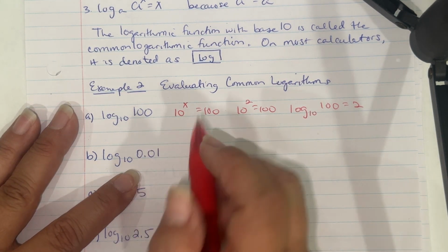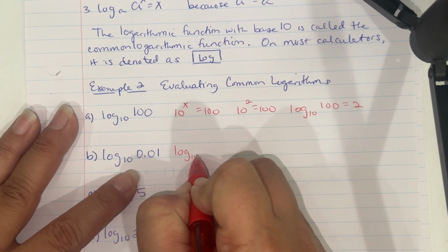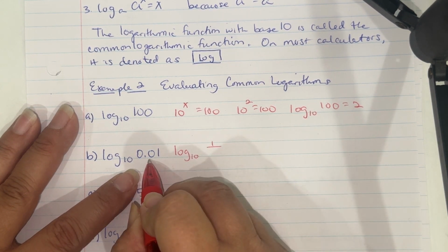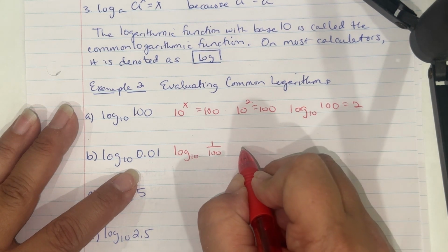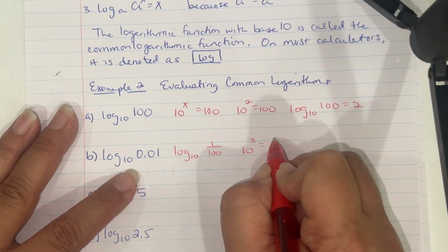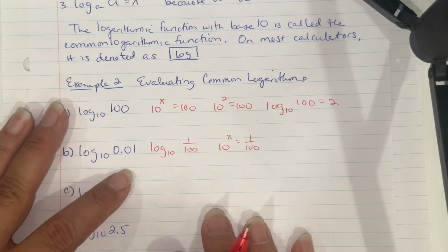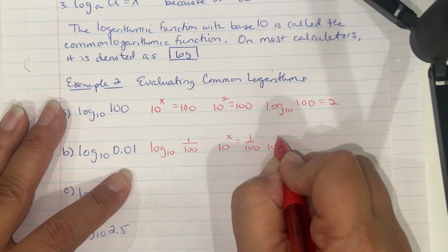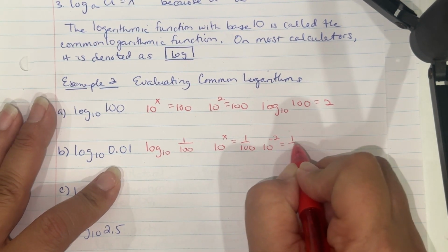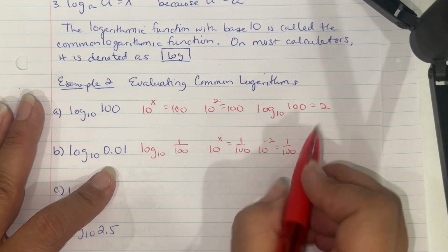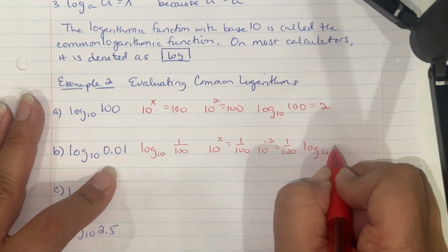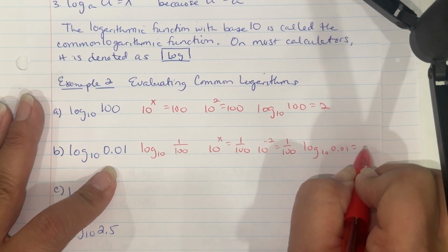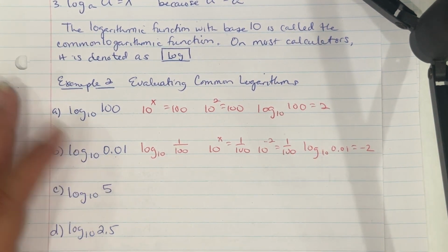First thing I'm going to do is rewrite this as log base 10 of 1 over 100, this is the hundredths place. So now we're seeing 10 to what power is going to give us 1 over 100? Well, that's actually 10 to the -2 power. So log base 10 of 0.01 is -2.